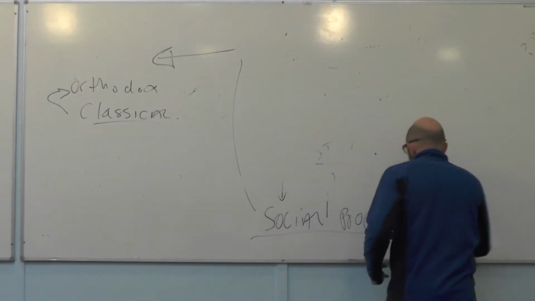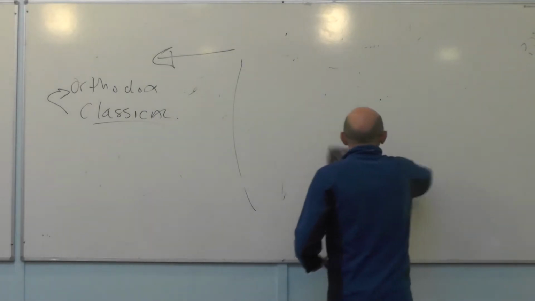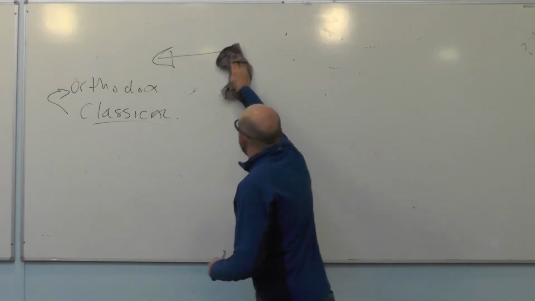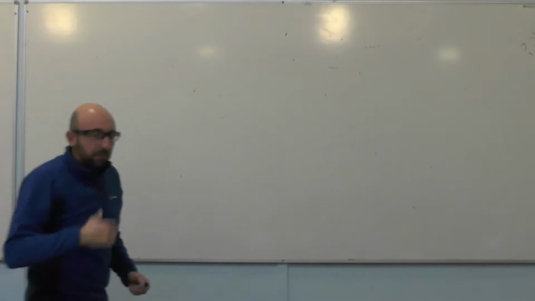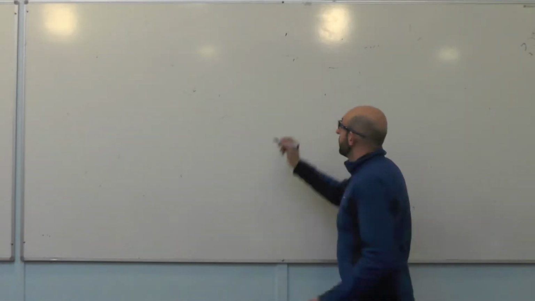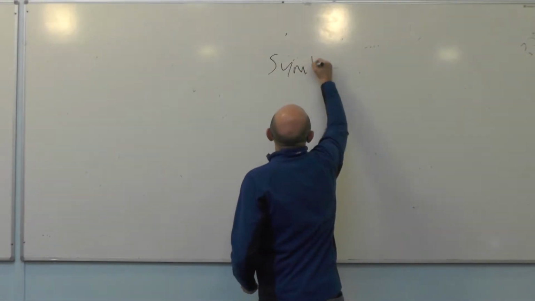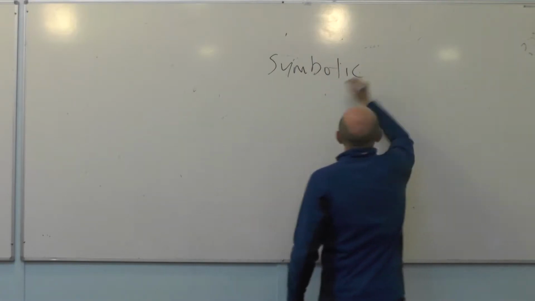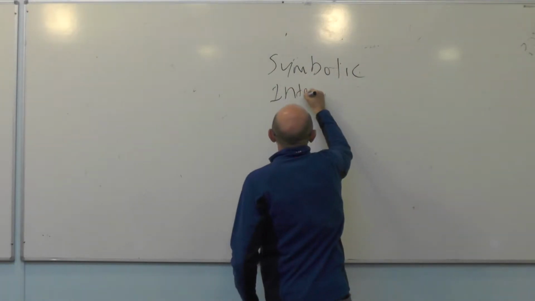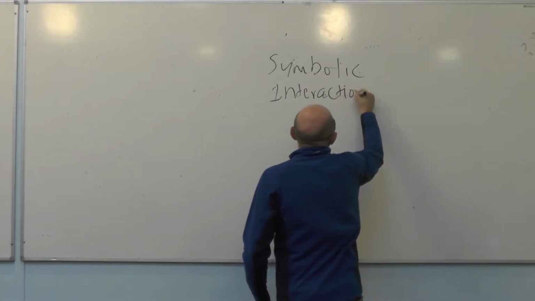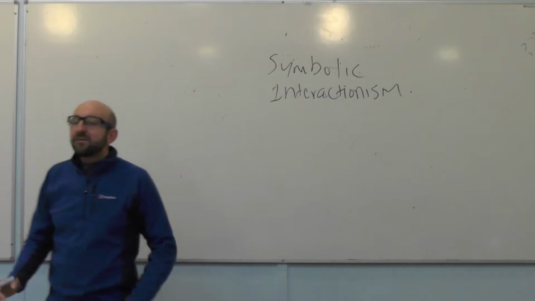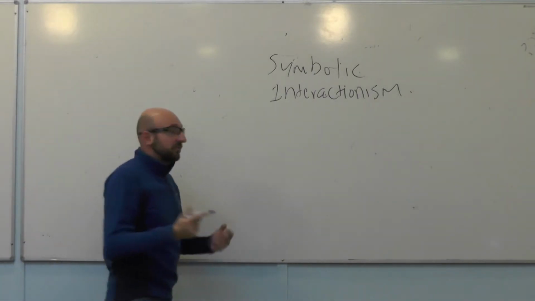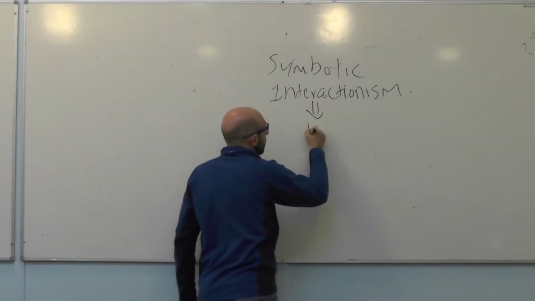Let's look at this in a bit more detail. The way they do this is actually very interesting in my view. So let me explain what they do. One of the pioneers of what's called symbolic interactionism. Let me explain what this is. Symbolic interactionism is basically the theoretical foundation for labeling perspectives.